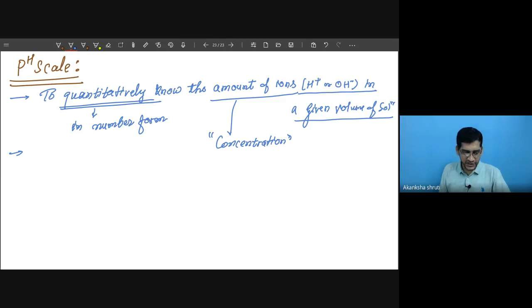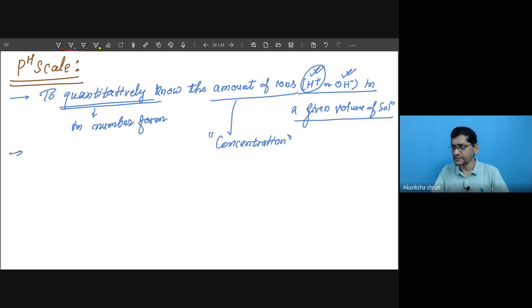So what is this pH scale? This concentration is expressed in terms of either H plus or OH minus. You are free to express in both, and even H plus and OH minus are interconvertible through a formula. The pH scale is defined in terms of H plus ion.